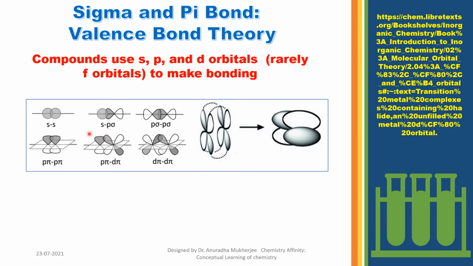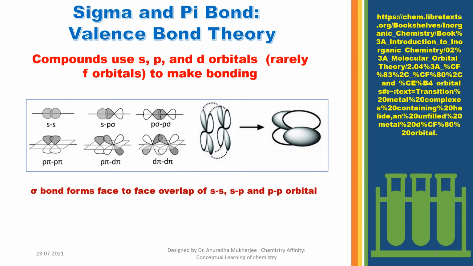Now the same kind of thing can happen when a d orbital and a p orbital have a parallel overlapping. Let's assume that's a py orbital and this is maybe dxy or dxz, any d orbital, with a parallel overlapping forming a pi bond. That is called p-pi d-pi. And the third possibility is when two d orbitals overlap parallelly, that is called d-pi d-pi bonding.